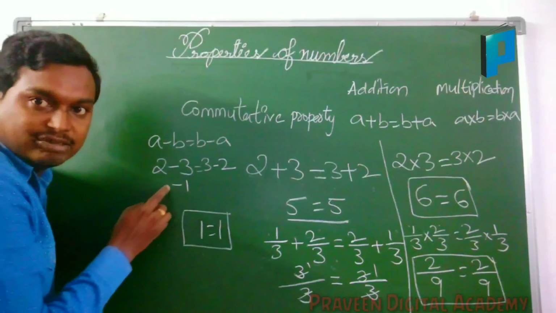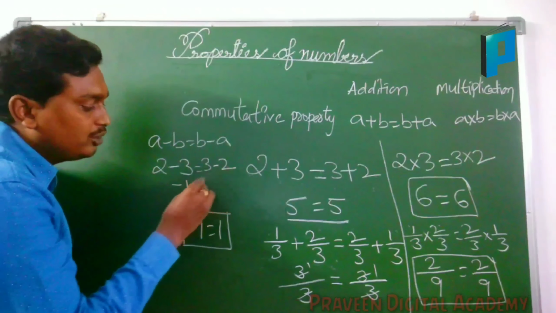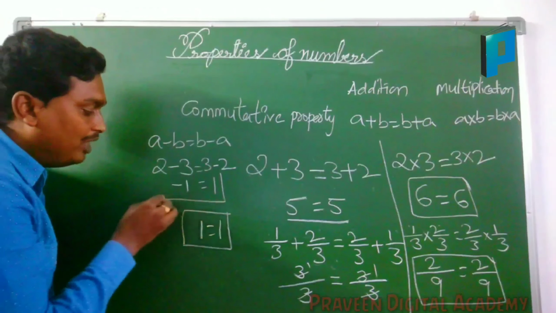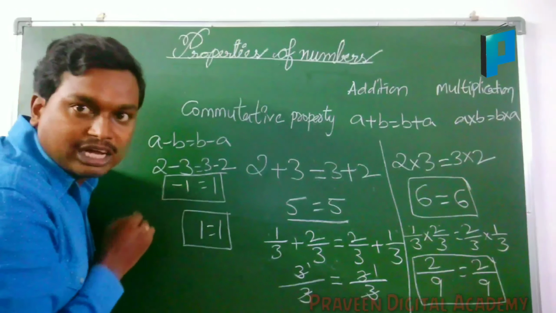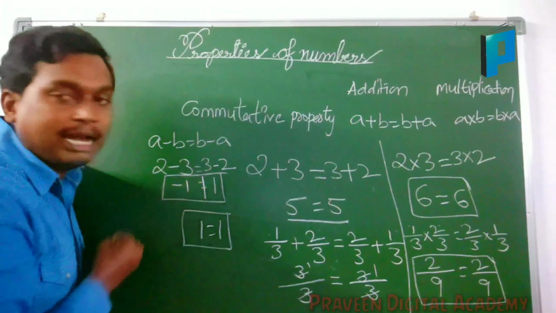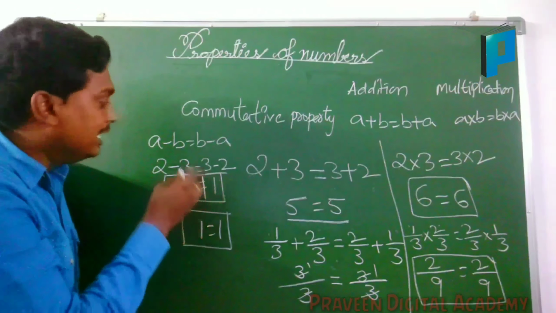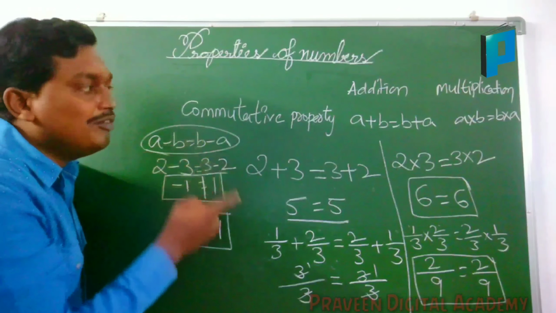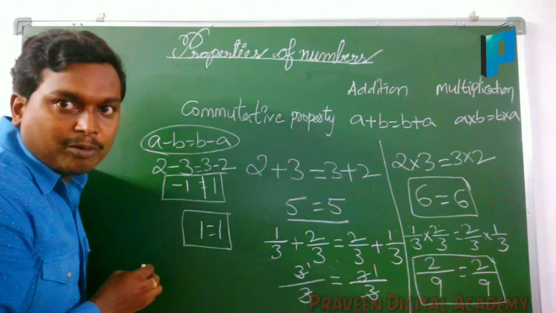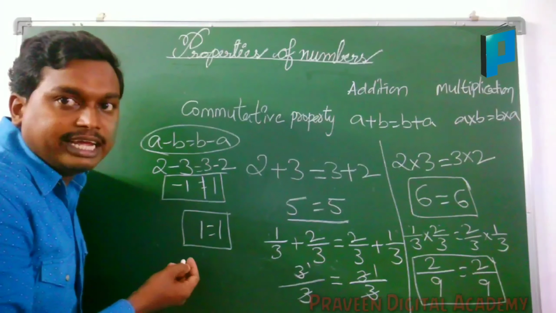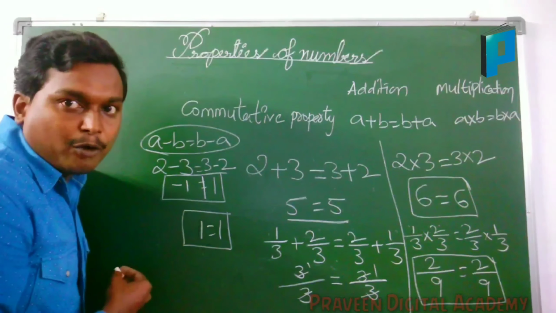You will get minus 1. What is 3 minus 2? You will get plus 1. Are minus 1 and plus 1 equal? No, minus 1 and plus 1 are not equal. Here in subtraction, we will not get the commutative property. So we are not saying subtraction is a property.